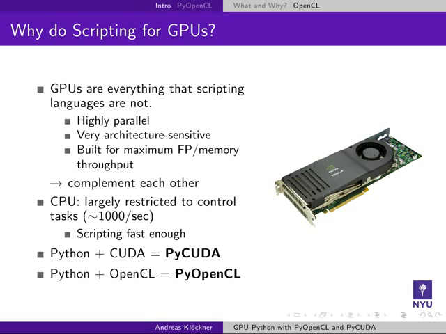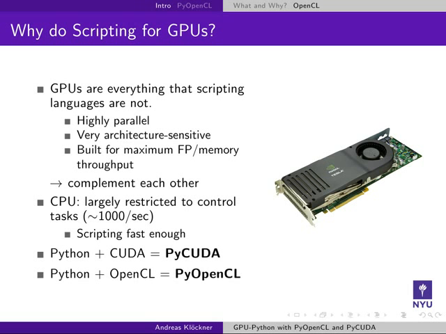And if you look at these two spaces to be in, it seems that Python does well for a certain kind of code, and GPU code does well for another kind of code. In my experience, it turns out that computational codes contain some of both of these kinds of code, and it makes sense to have the capability to do low-level fast things and high-level things where you don't care about possible slowness.